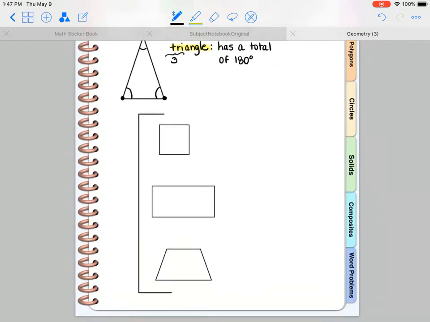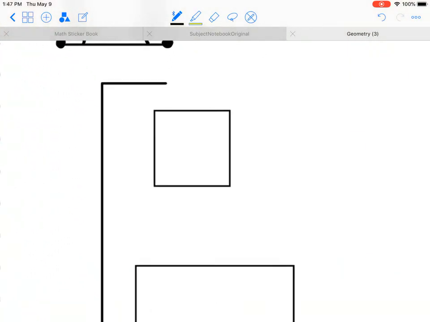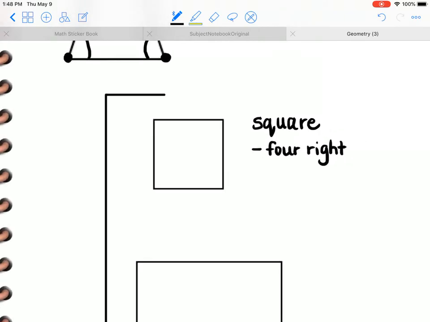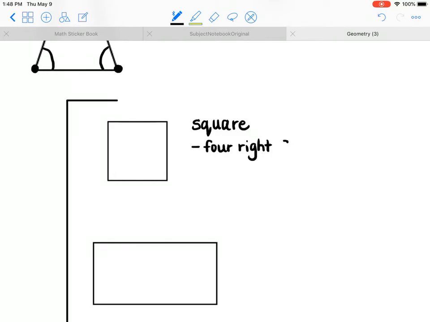Okay, in the next section, let me zoom in right here. You know this one, I bet. This is called a square. And a square is one of the most perfect shapes that there is. It has 4 right angles. And so that tells us something about the measurement of a square.